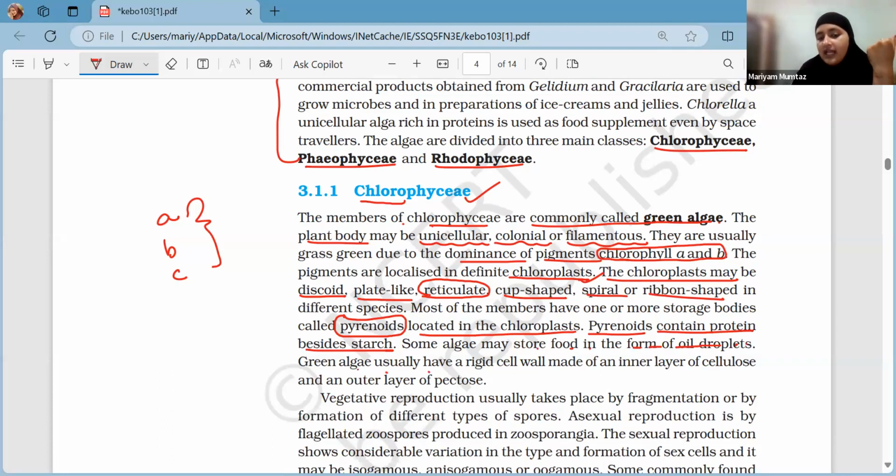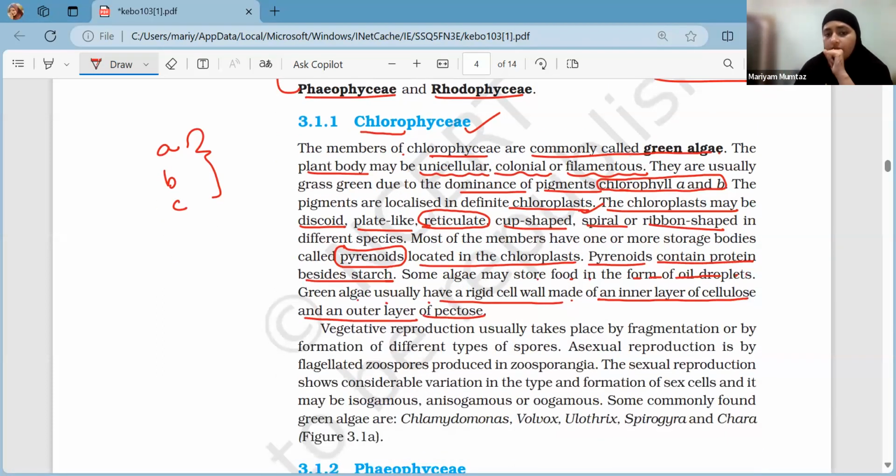Green algae usually have a rigid cell wall which is made up of an inner layer of cellulose and an outer layer of pectose. Inside cellulose, outside pectose. Talking about the vegetative reproduction, it takes place by fragmentation or by the formation of different types of spores.